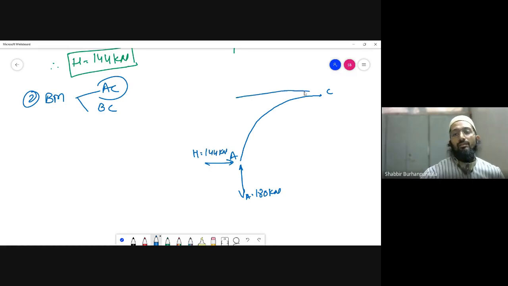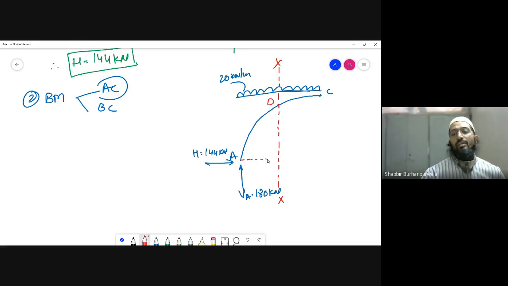There is a UDL acting on this part, having a magnitude of 20 kilonewton per meter. Let us consider a section. Now this section is acting suppose at point D.